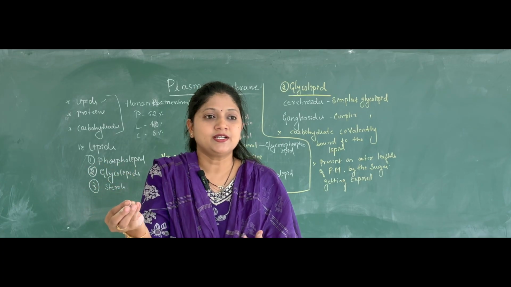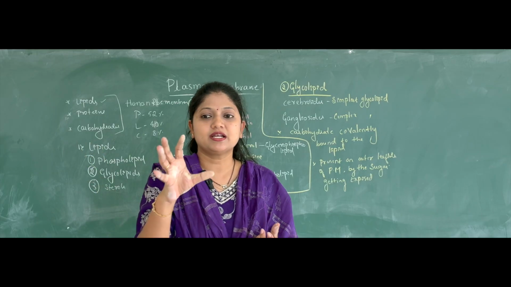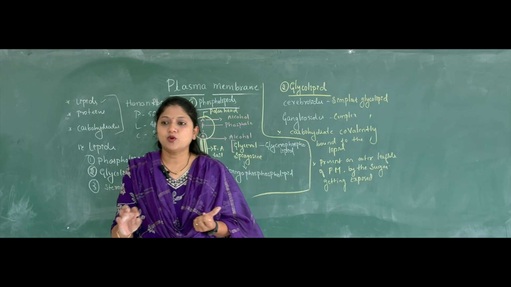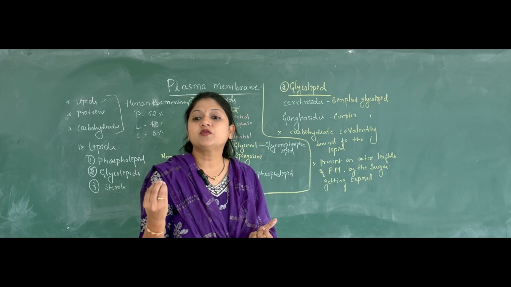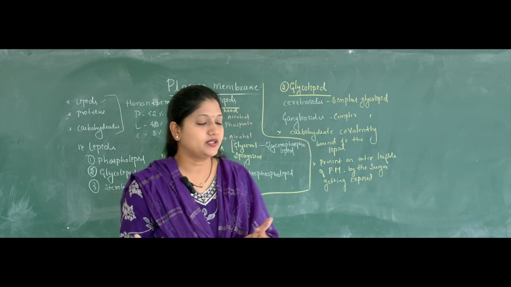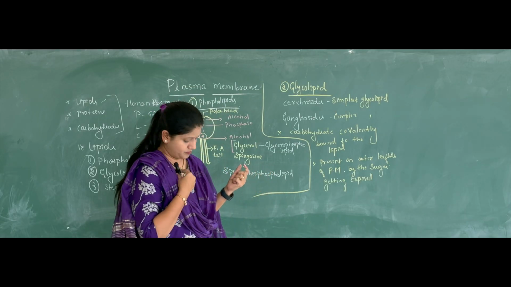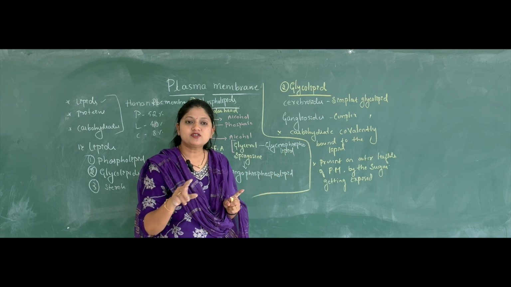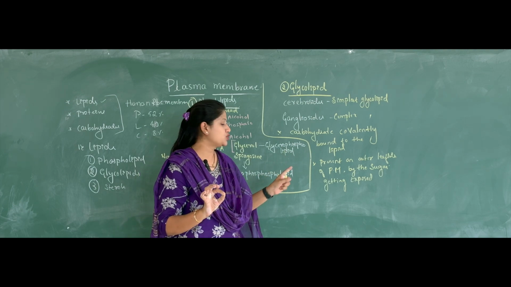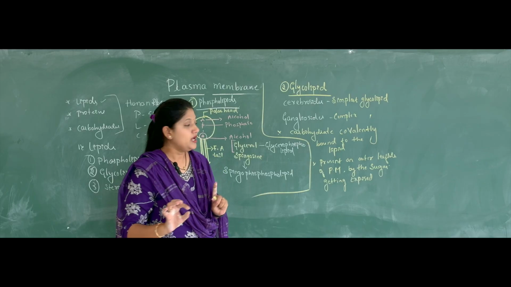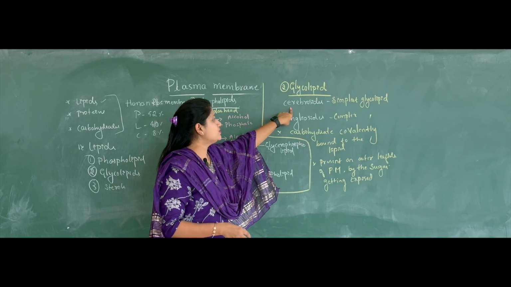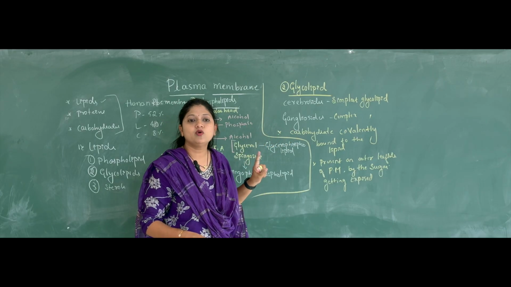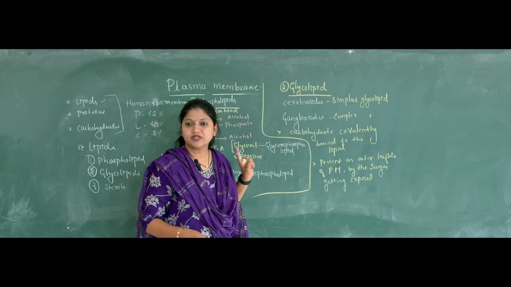So if this sugar is present here, then maybe this is the particular cell, so it is identified. It is a sort of identification mark. Hence sugars are always exposed outward. Okay? So here they are present on the outer leaflets of the plasma membrane by the sugars getting exposed. And remember, the cerebrosides are the simplest glycolipids and the gangliosides are the most complex glycolipids.